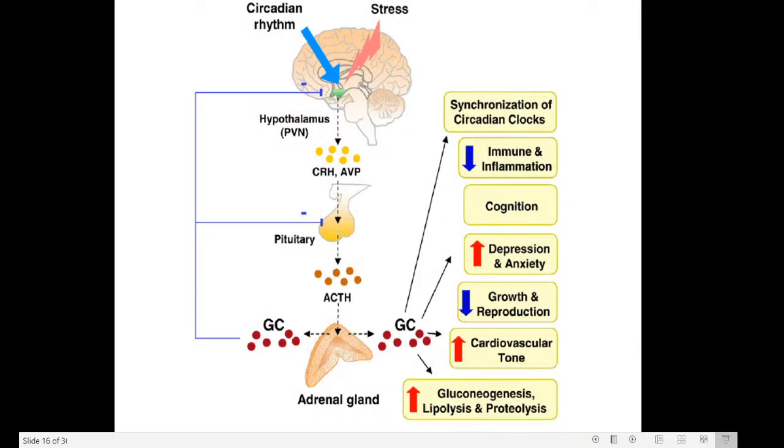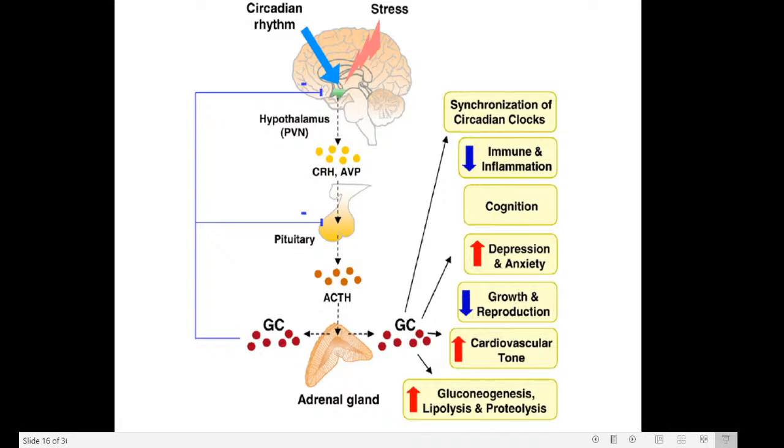Each and every step of activation of the system or glands produces some activity. The cardiac rhythm and stress response fully depend on the hypothalamus. The hypothalamus sends a signal to the pituitary gland.